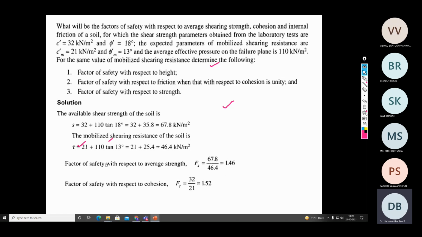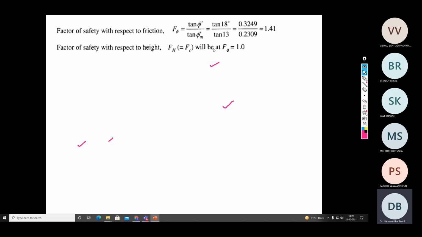With respect to average strength it is 1.46, with respect to cohesion it is 1.52, with respect to friction it is 1.41. So among these three, friction has the least value, the highest vulnerability. Now if you are asked to determine the height of the slope, among these three which one do you have to take as critical?